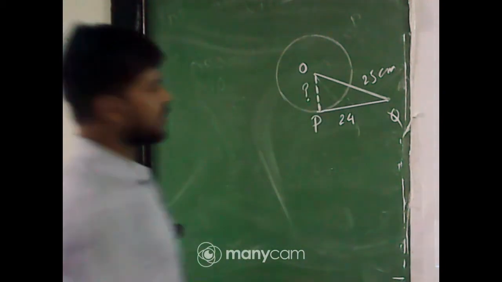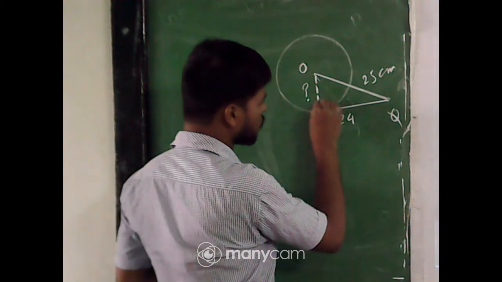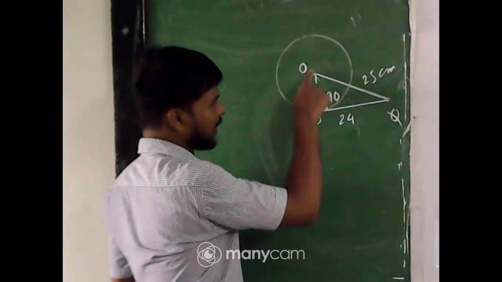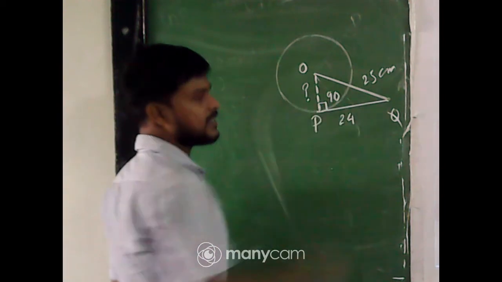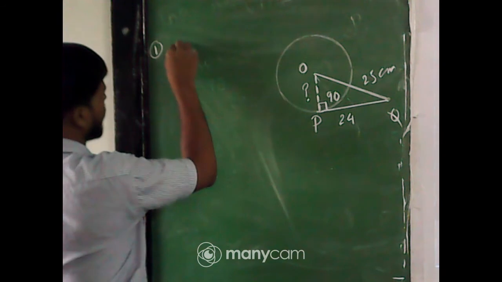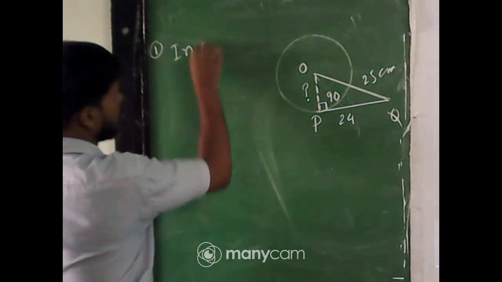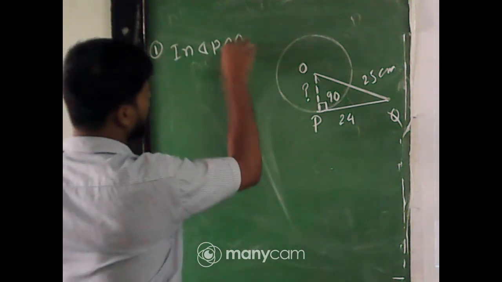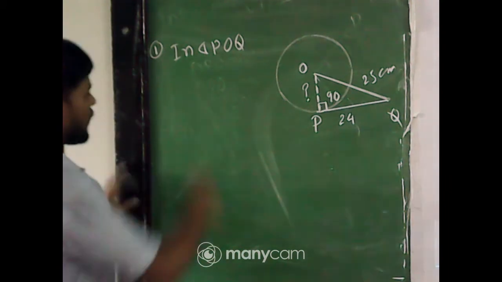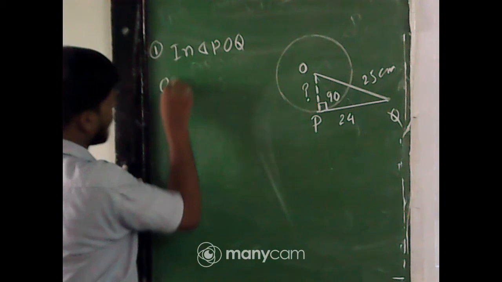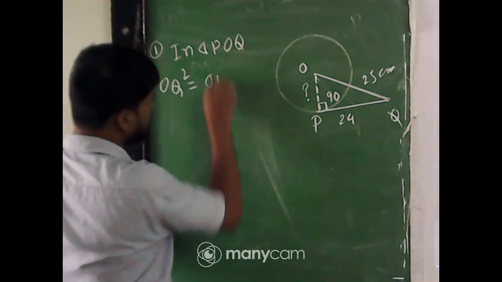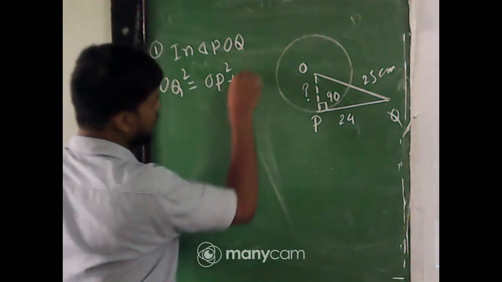Now we know that the tangent and the radius through the point of contact are perpendicular, 90 degrees. So that means the triangle POQ is a right angle triangle. Applying the Pythagoras theorem, hypotenuse OQ square is equal to perpendicular OP square plus base PQ square.